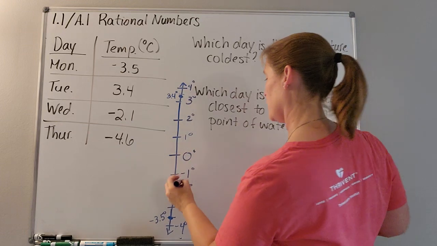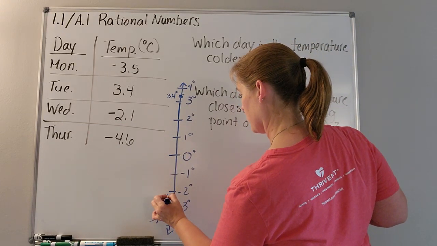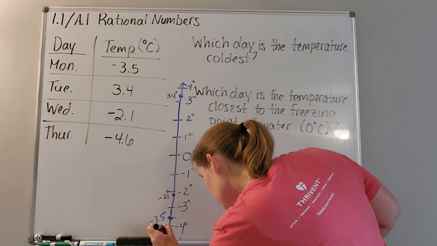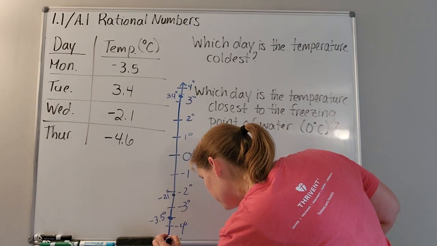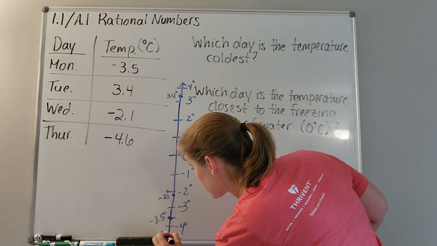Negative 2.1, so there's negative 2, just a little past that. And negative 4.6, uh-oh. Now I'm really out of room. There's negative 5. We're just going to put negative 4.6 right there.